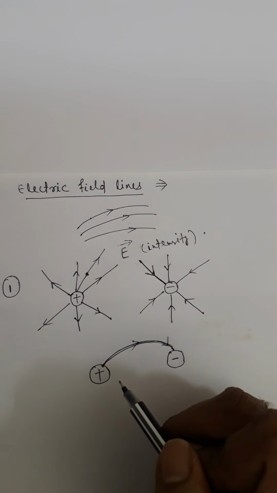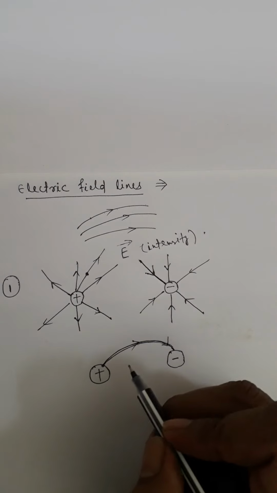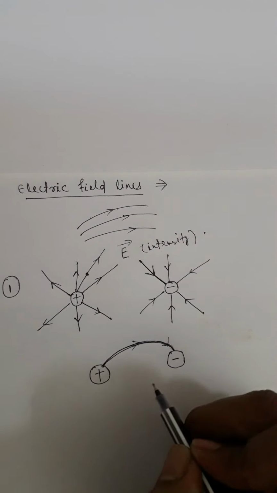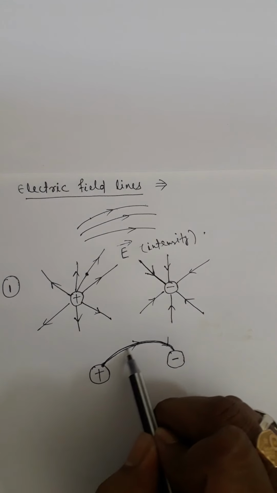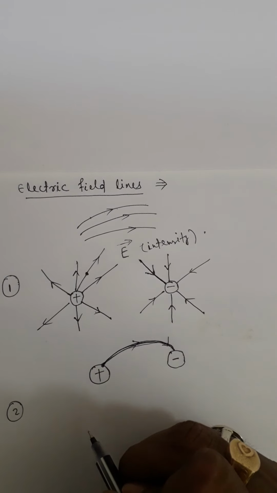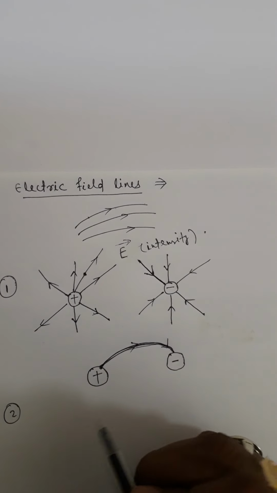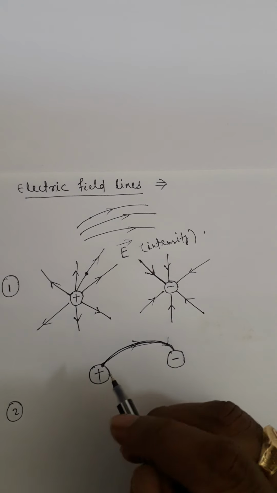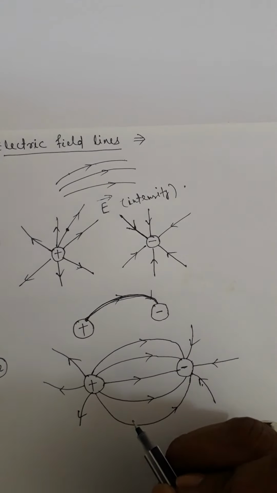In future, we will study in magnetic field lines that magnetic field lines are continuous loops. But here the electric field lines are discontinuous. It is not a continuous loop.